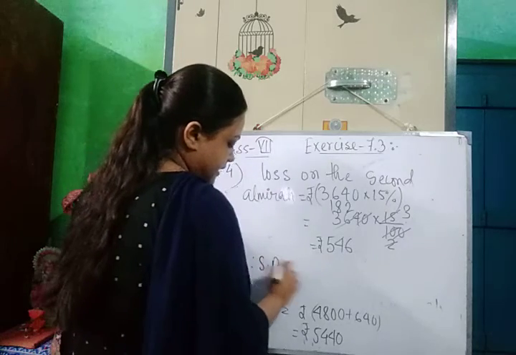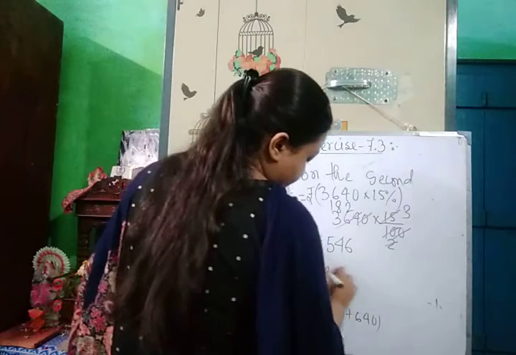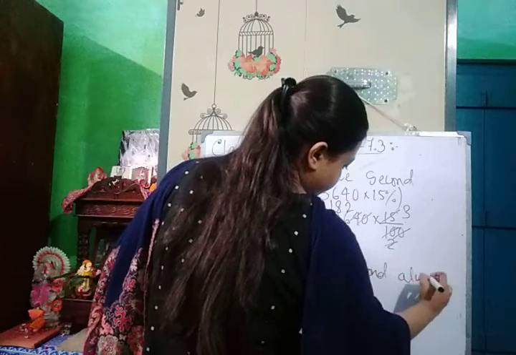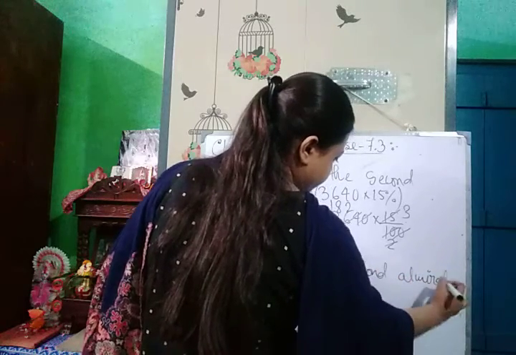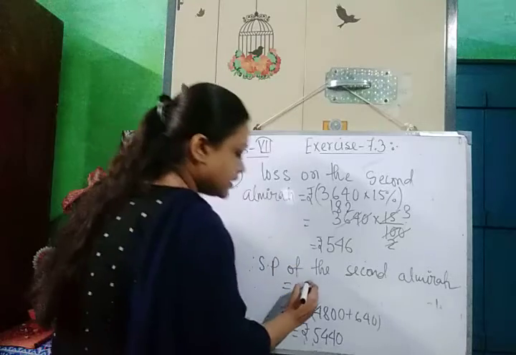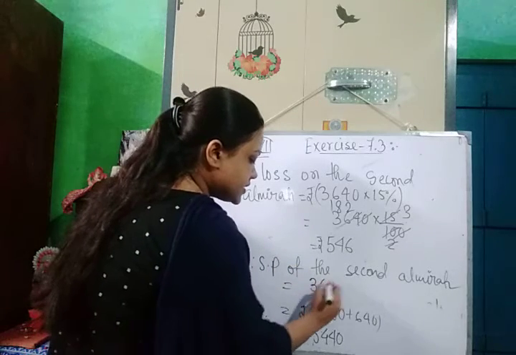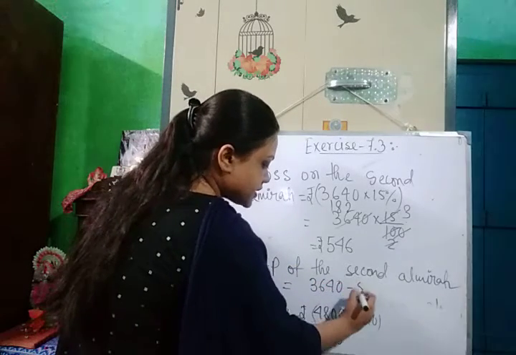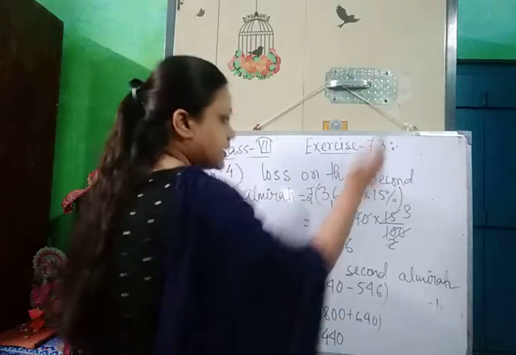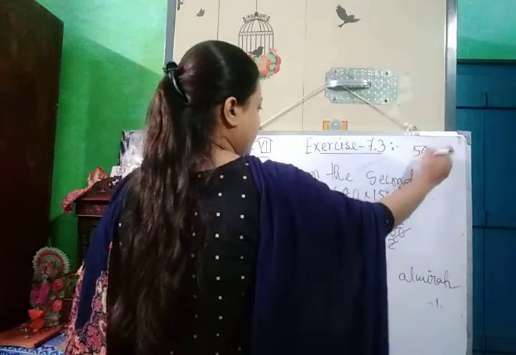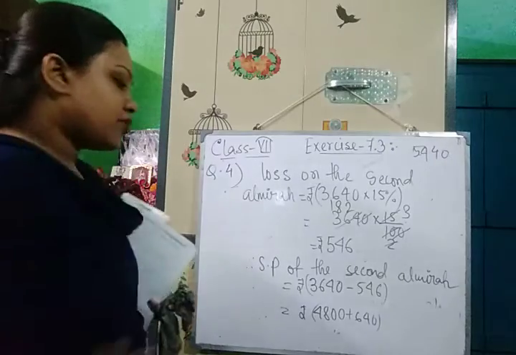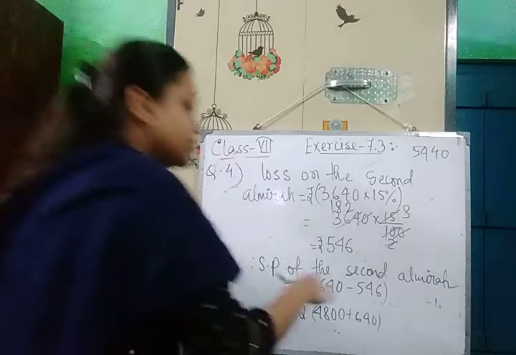Therefore, SP of the second Almirah equals cost price minus loss. That means 3640 minus 546 rupees. Okay. So I am writing here the selling price of the first Almirah and I am erasing this line. So now we need to subtract. I am orally doing the subtraction.